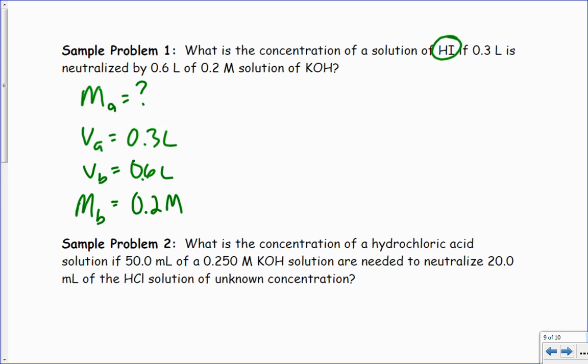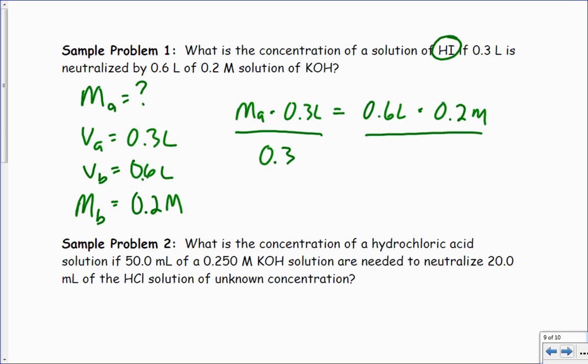So now it's MAVA equals MBVB. So I plug this in. I have MA times 0.3 liters equals 0.6 liters times 0.2 molar. I see right off the bat to get MA by itself, I have to divide by 0.3 liters.